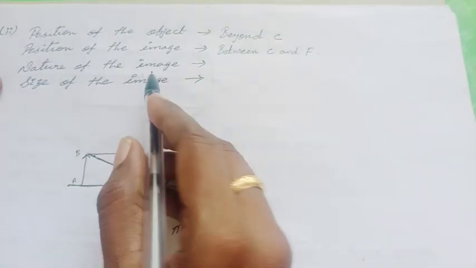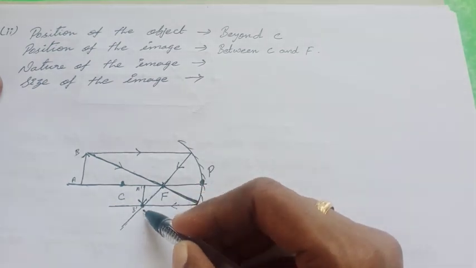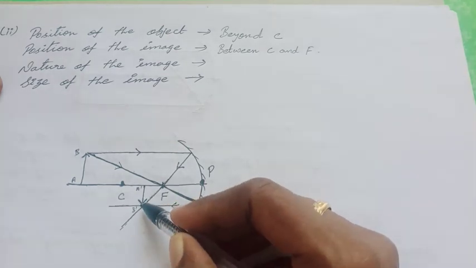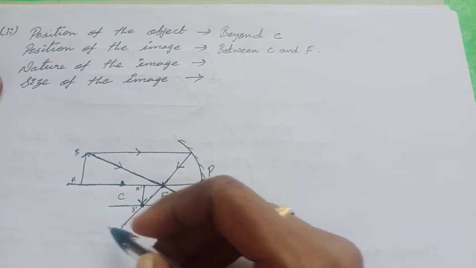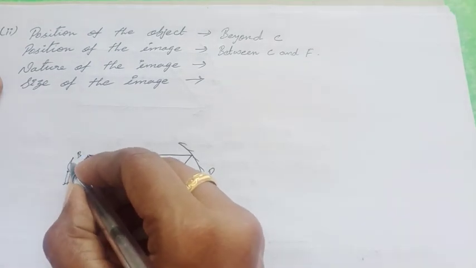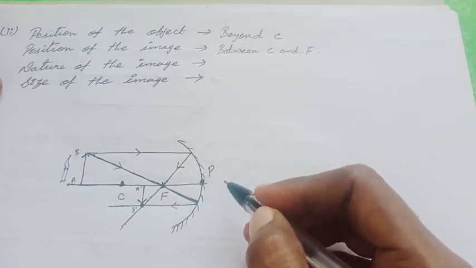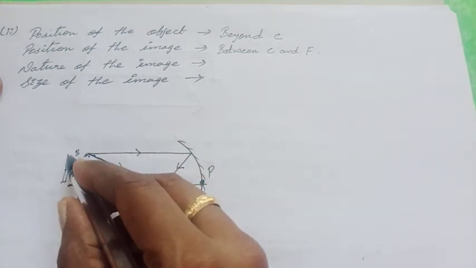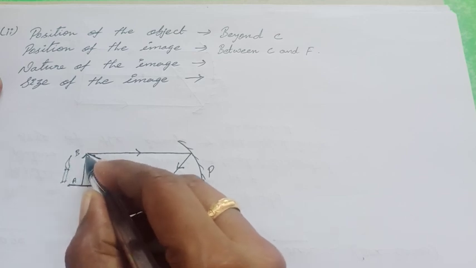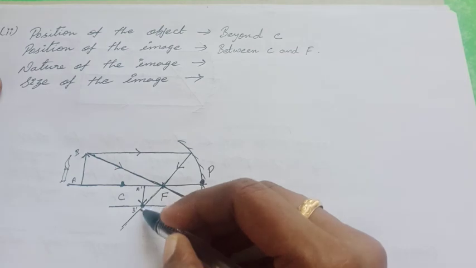And what is the nature of the image? What happens, students, when the screen is placed over here in this particular point? We are able to see the image over here. For example, see, if we have placed the candle over here like this, if you imagine the candle flame as the object, then we can obtain the image over here.